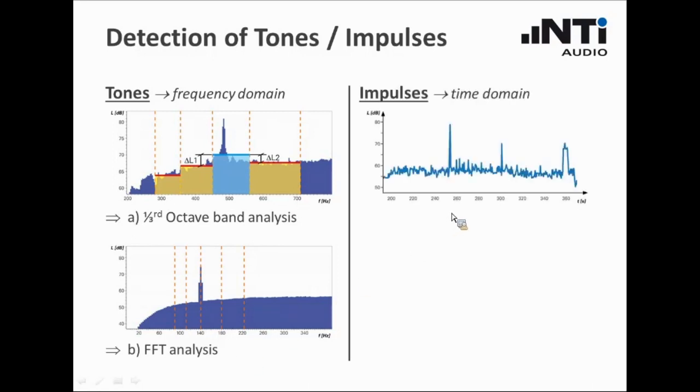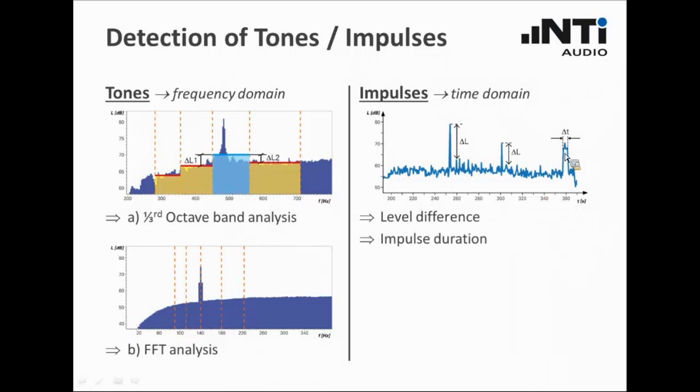On the other side, we are talking about impulses, and to detect them, we have to take a look at the time domain. Here we see a time plot of a sound. You can see there are some peaks. Now, to identify whether these peaks are impulses, are annoying or not, we have to know the level difference, of course.